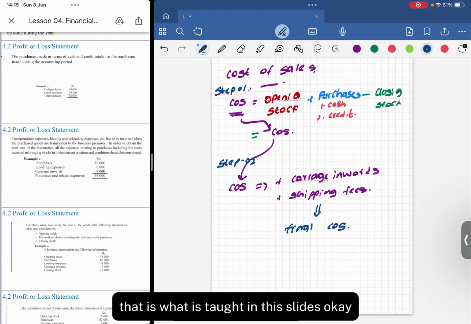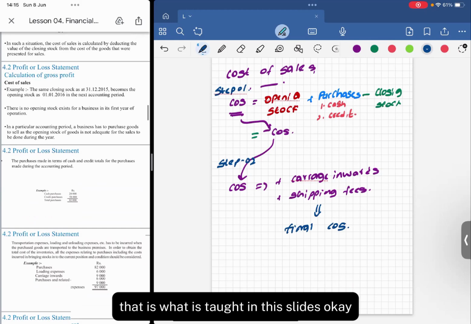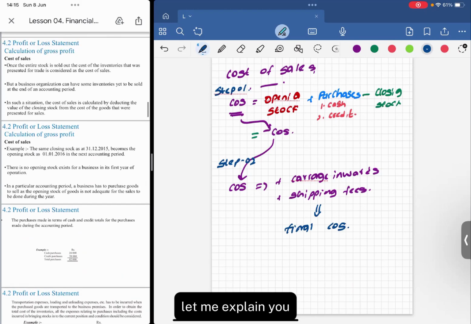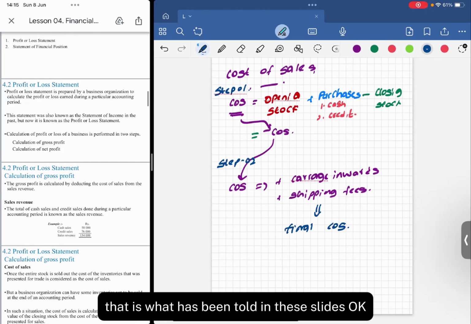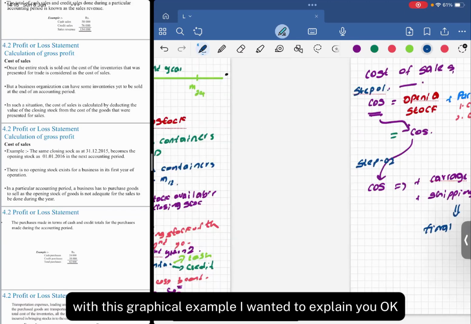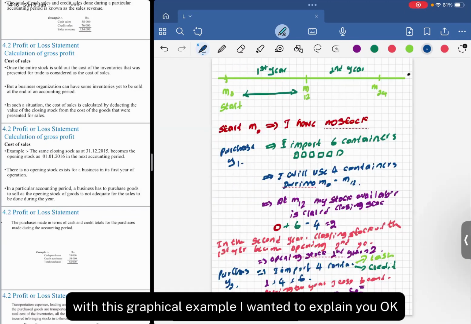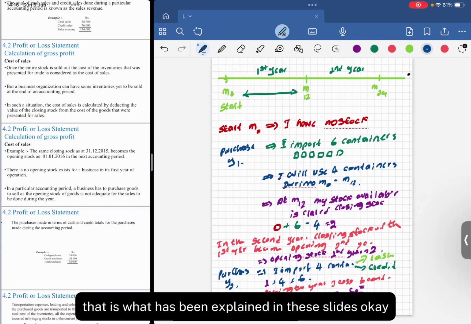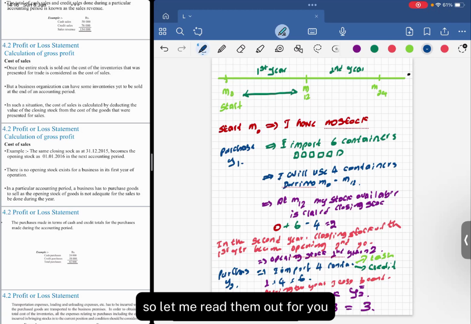That is what is taught in these slides. With this graphical example, I wanted to explain that. So let me read them out for you.